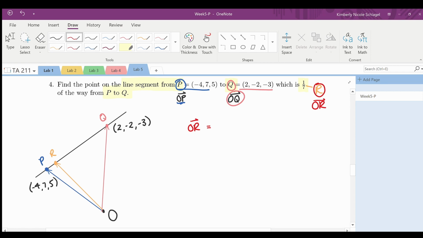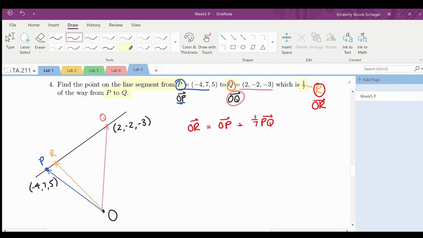We know right now that OR is equal to OP plus 1/7 of PQ.